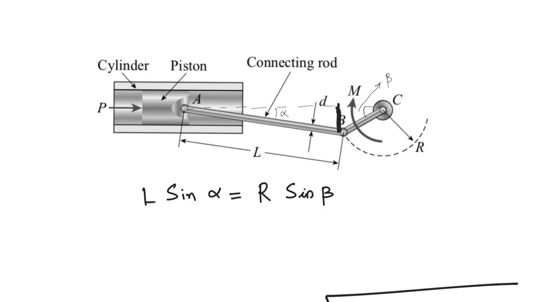From this triangle I can equate this length to be L sine alpha, and from this triangle I can equate that length to be equal to R sine beta, where capital R is the radius of the crank.